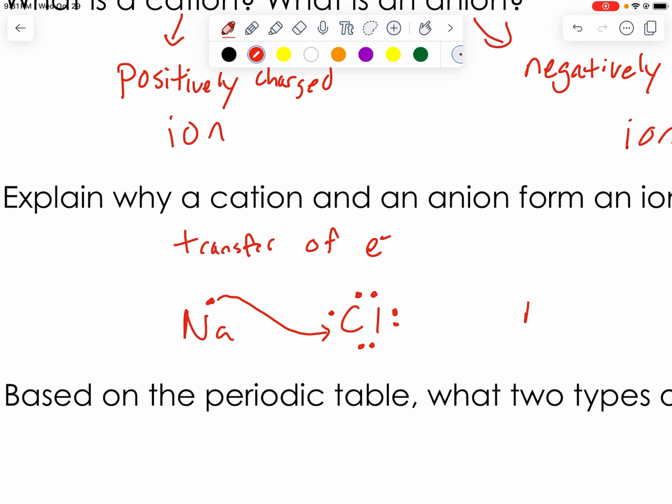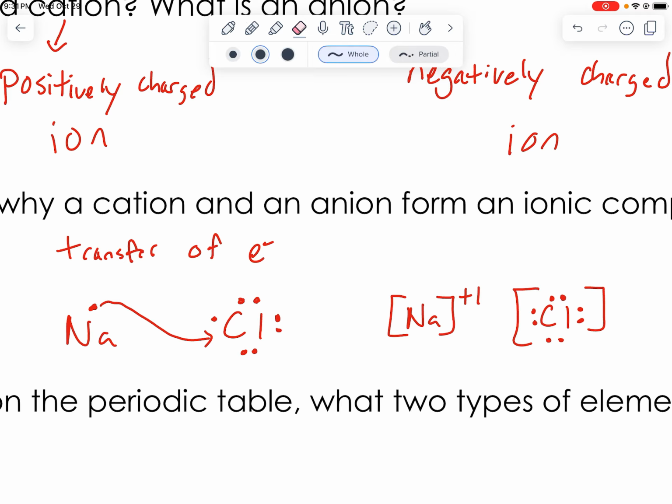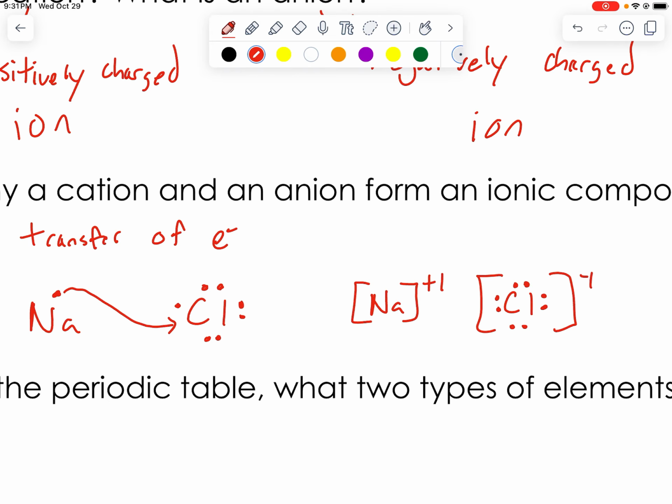So the ions that form are sodium plus 1 and chlorine minus 1. This represents your cation. This represents your anion.